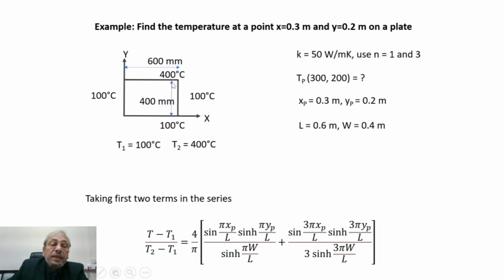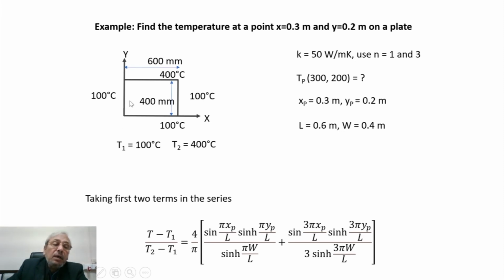In y direction, its dimension is 400 millimeter. And we have to find out temperature at x equal to 300 millimeter and y equal to 200 millimeter at a location P, which is location wise at 300 millimeter, its x location, and y location is at 200 millimeter.